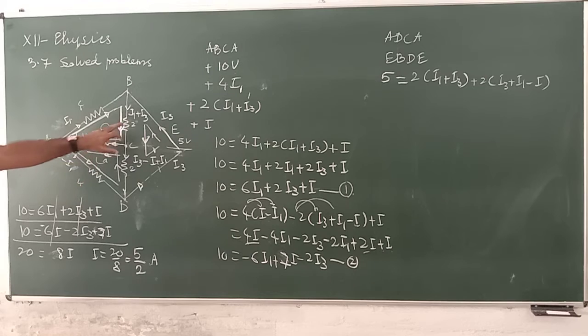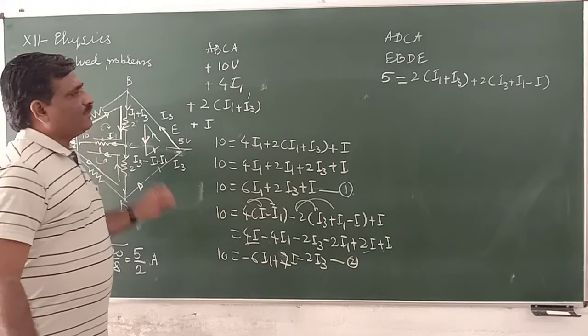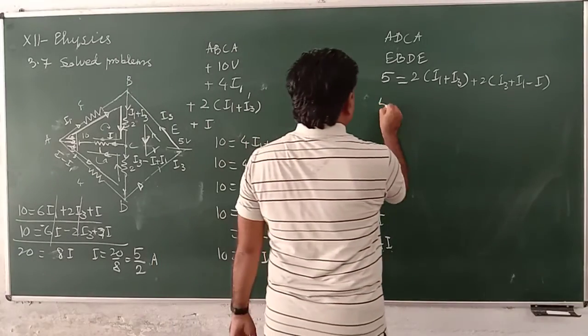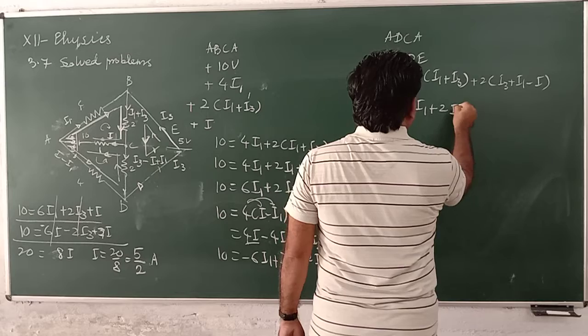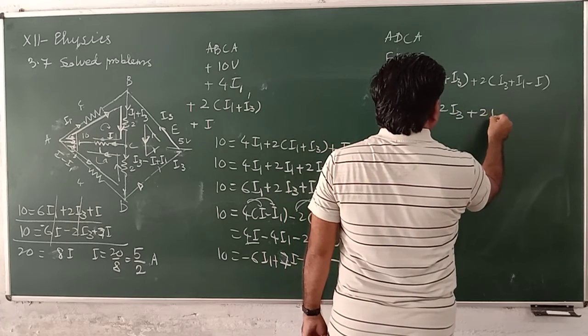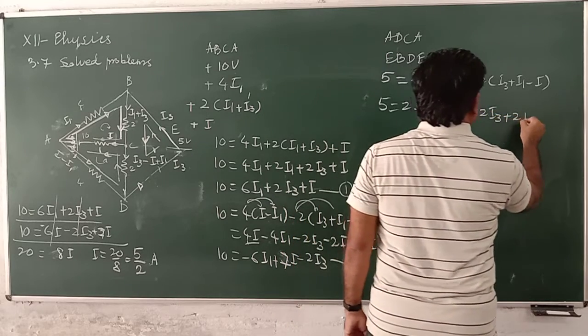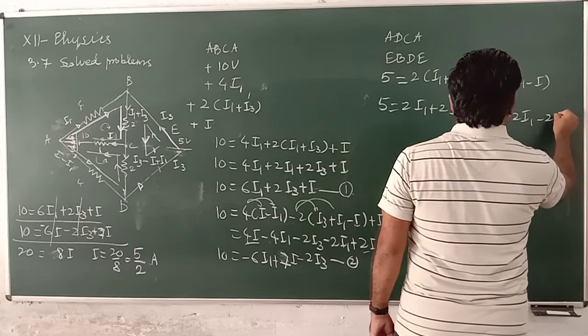So together there are two resistances and one EMF source that we have taken as phi. Let us simplify. Phi equal to 2I1 plus 2I3 plus 2I3 plus 2I1 minus 2I.